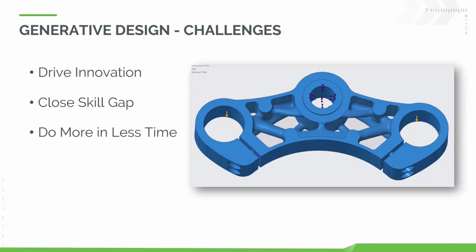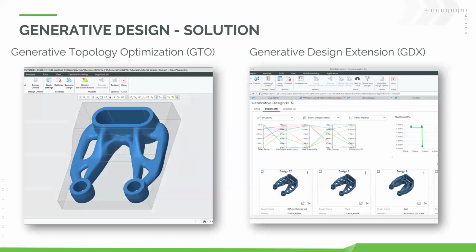You need tools to be able to do that. You want to spend time on quality products, achieving your metrics at the end, achieving your goals with the designs that you're working on, and not have to iterate a lot or spend a lot of time on it. And that's where generative design could really come in.